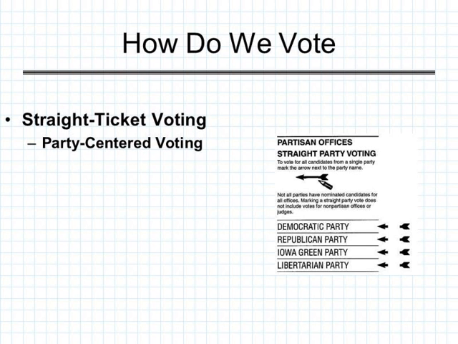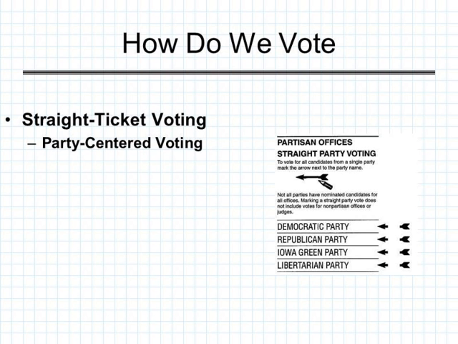And what happens is when you make that mark next to that particular party, every person on the ballot that belongs to that party will get your vote. When you're voting this way, you care more about the party of the candidate than you do about who the particular candidate is.